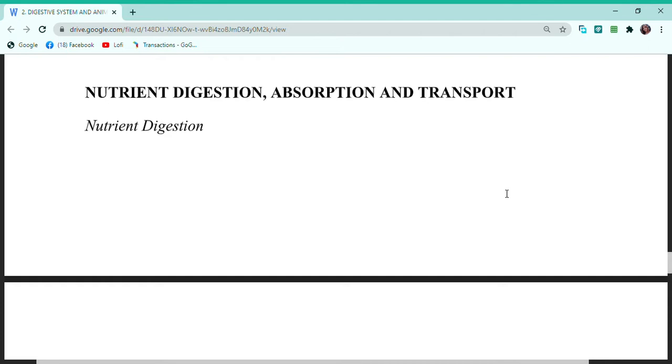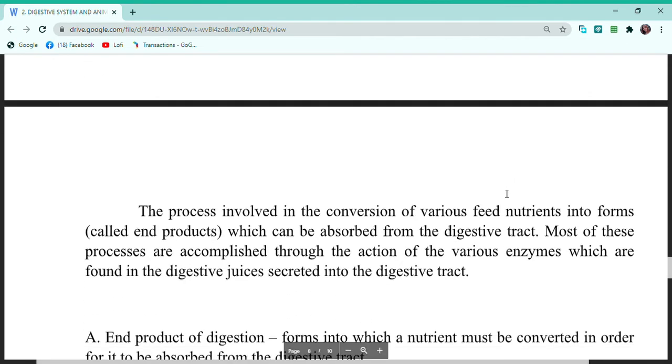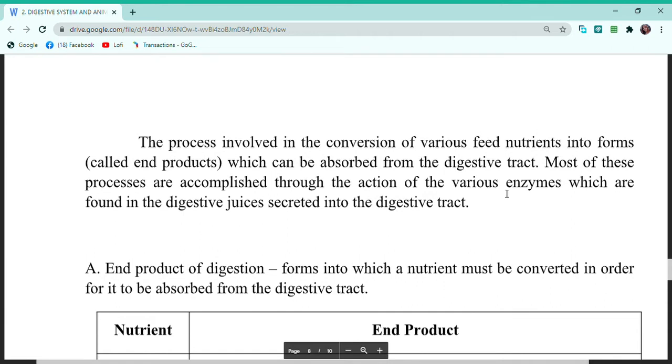Now, as I've said a while ago, the chickens, the poultry, they don't have teeth, but rather they have a beak, no? Wherein the beak replaces the lips and the teeth, with its shape, size, and length varying with the type of diet consumed.